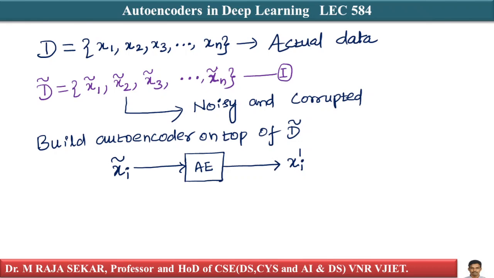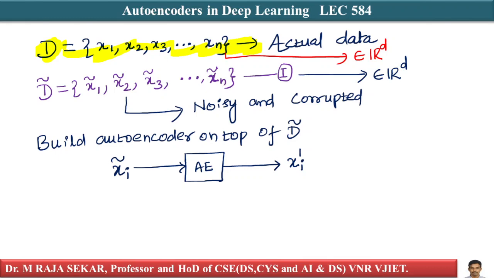Remember, all the points in capital D are d-dimensional. All the points x1, x2, so on xn belong to R power d, that is a d-dimensional vector. Now these points of xi tilde also belong to R power d, so x1 tilde, x2 tilde, x3 tilde, so on, xn tilde also belong to R power d.